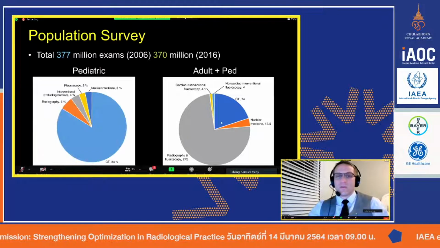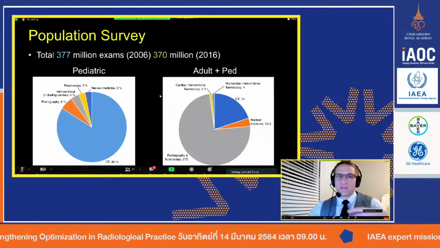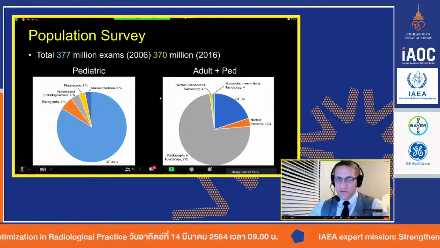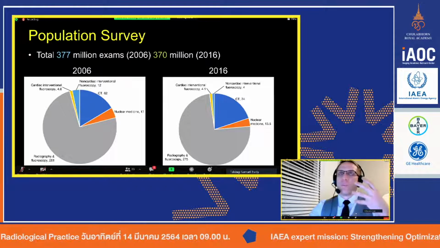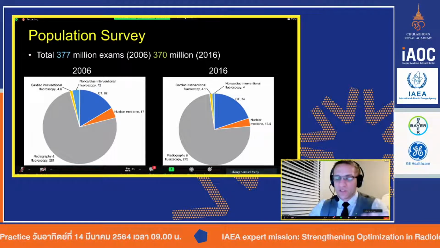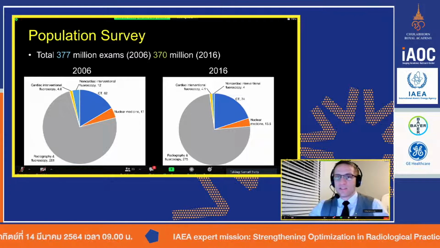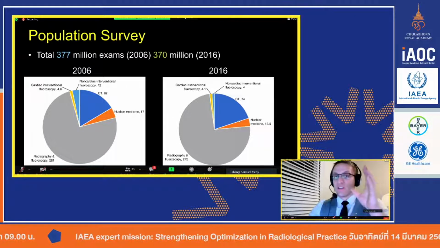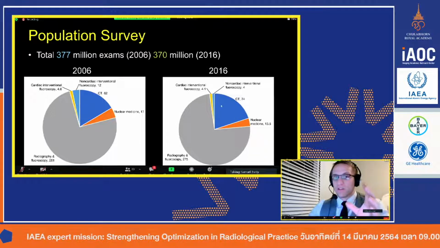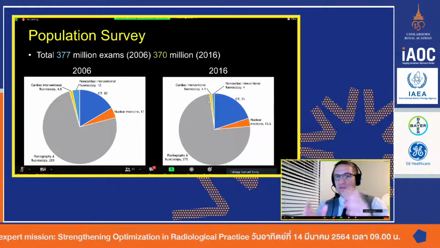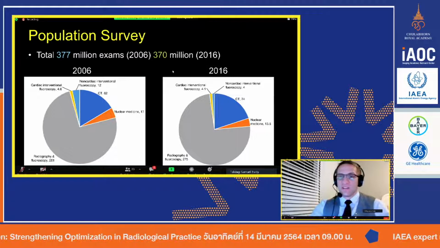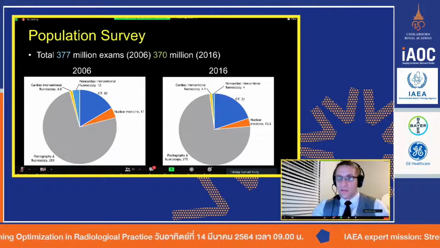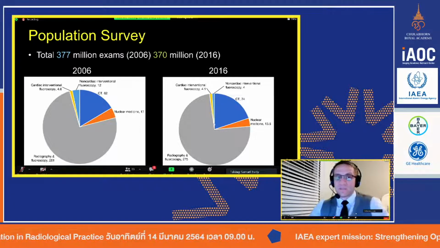This is helpful because it tells us what type of modality we're using to image mostly. So when it comes to doing optimization of radiation dose and image quality, you get an idea of where you should focus your efforts. Obviously, CT is increasing, and maybe, for example, nuclear medicine is decreasing.